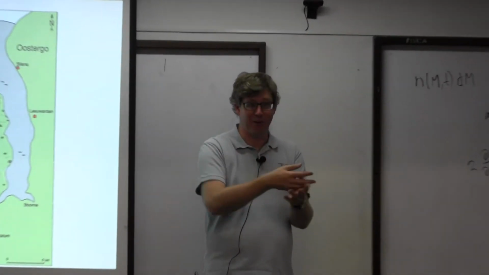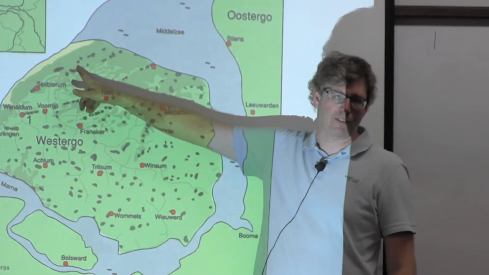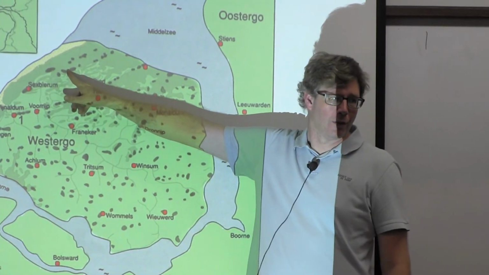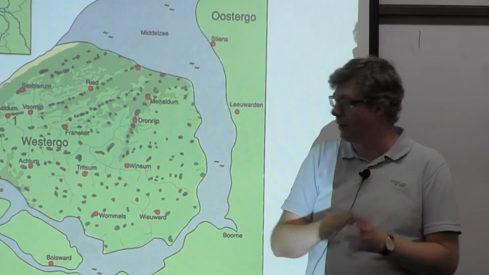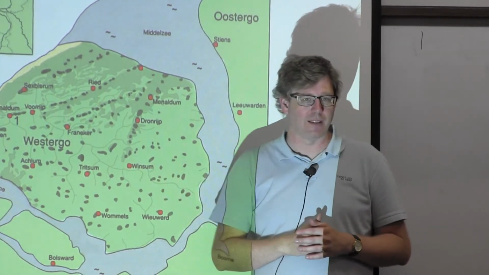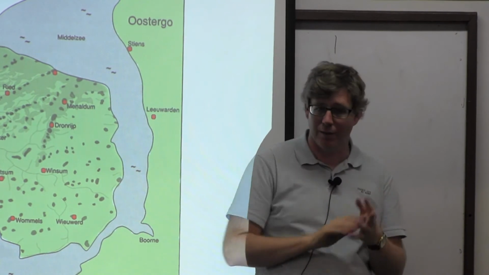Because everybody lived there, and very few people traveled. You have a very low chance, if you live here, to meet somebody from here. So most of your correlation function on small scales is going to be dominated by structure within the village, where people live within the village.